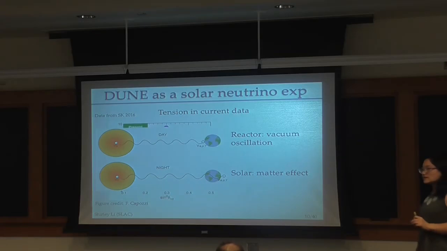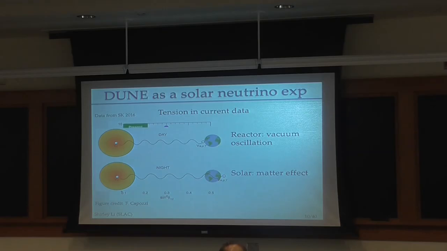The problem in the solar sector is that solar neutrino oscillation is mostly dominated by the so-called matter effect, meaning that oscillation is severely modified because solar neutrinos are produced in the solar core, where the matter density is extremely high. So rather than thinking of this as an oscillation measurement, it's probably more appropriate to think of it as a measurement of cumulative neutrino interaction with matter as they propagate towards the outside of the sun.